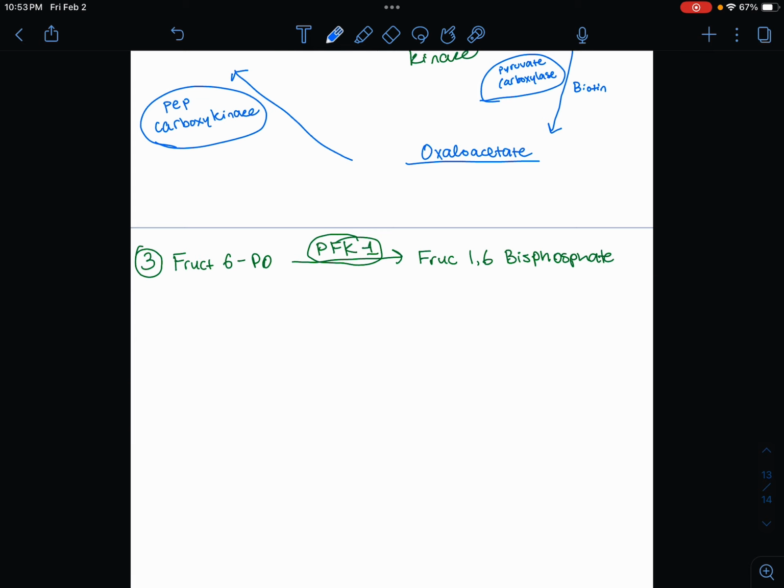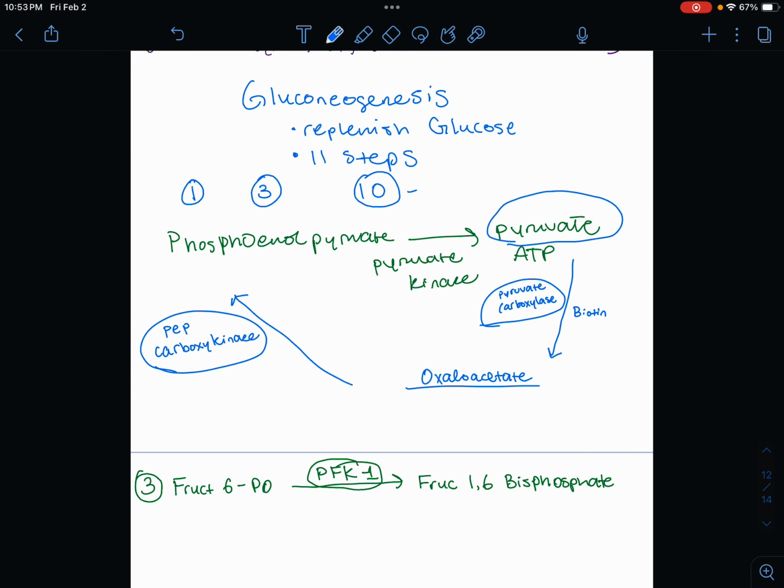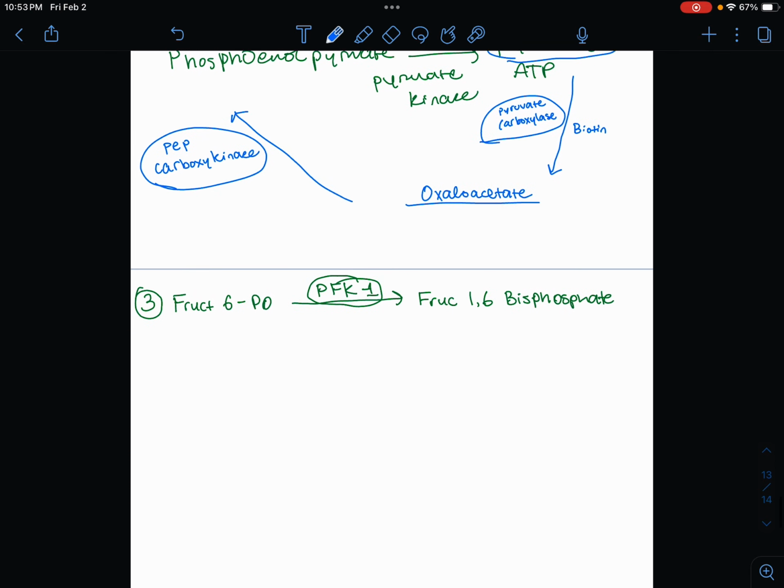However, again, in gluconeogenesis, to overcome this large energy requirement, we have to use a different pathway. What we're going to be doing is taking our fructose 1,6-bisphosphate and taking it back to fructose 6-phosphate, but we need a different enzyme.